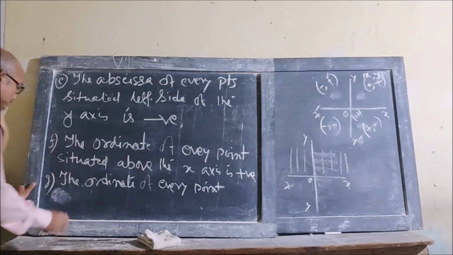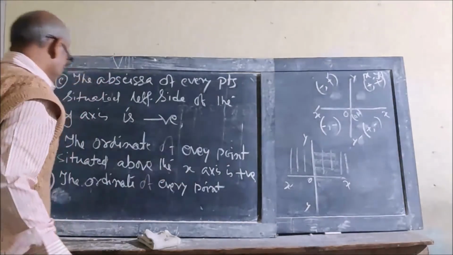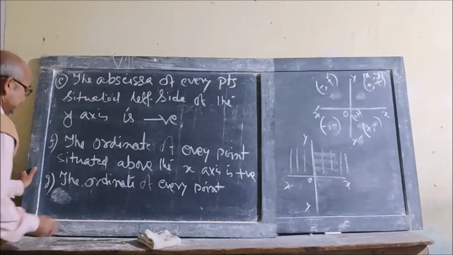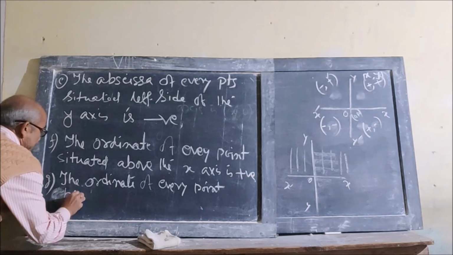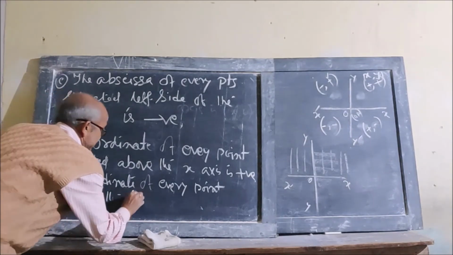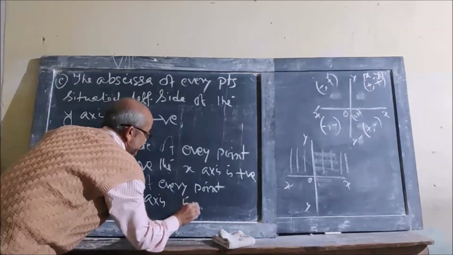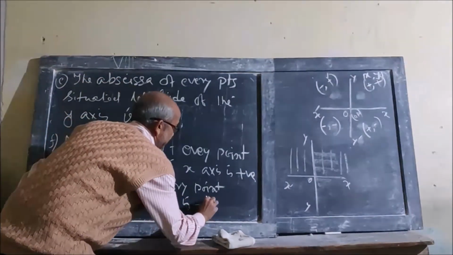In short, the ordinate of every point below the x-axis is negative.